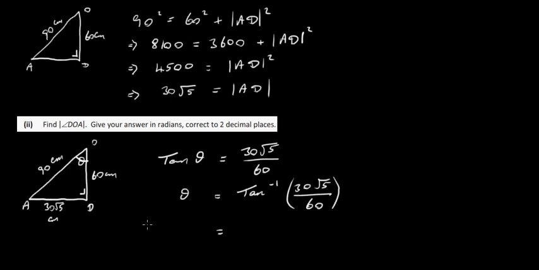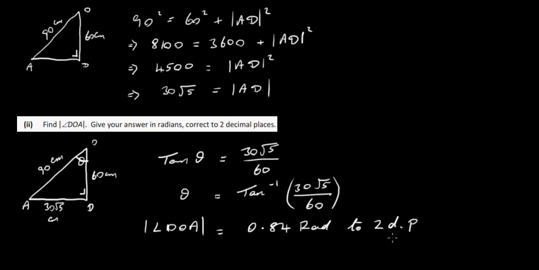So when you work that out, you get your angle DOA is just going to be equal to 0.84 radians. And that's to 2 decimal places.